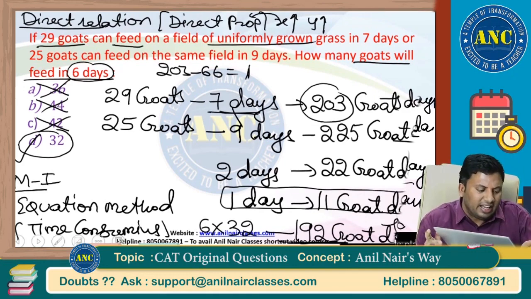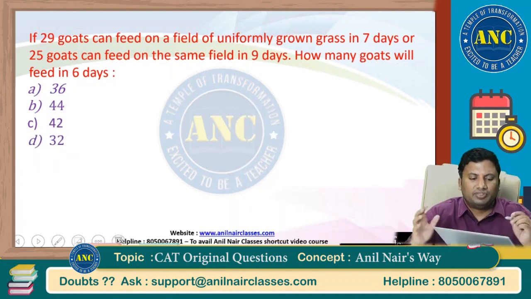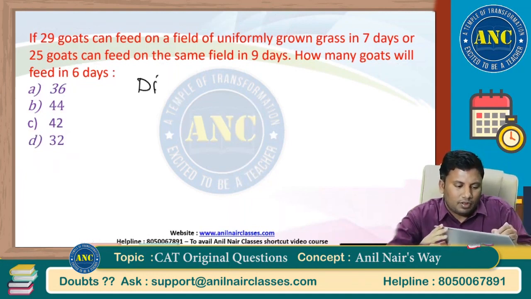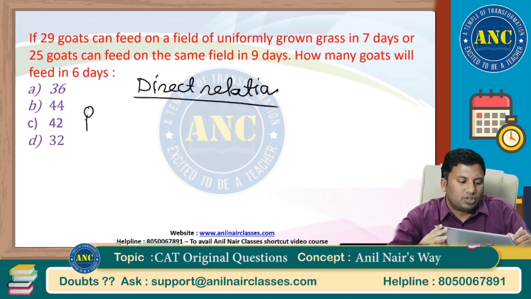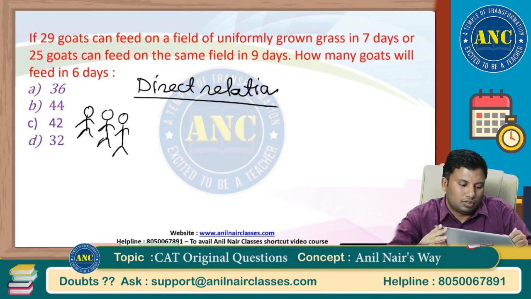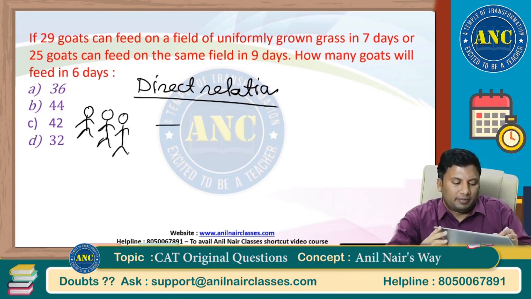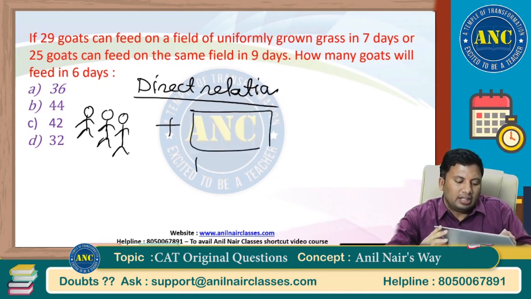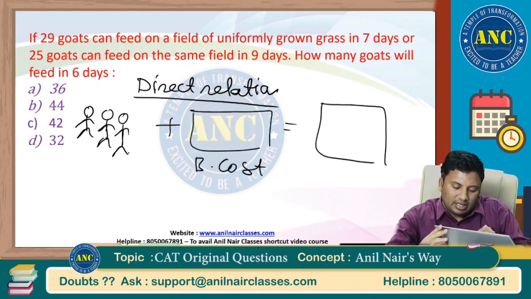This is a direct relation question. Suppose there are a number of people, and there is a bus cost and a picnic cost.